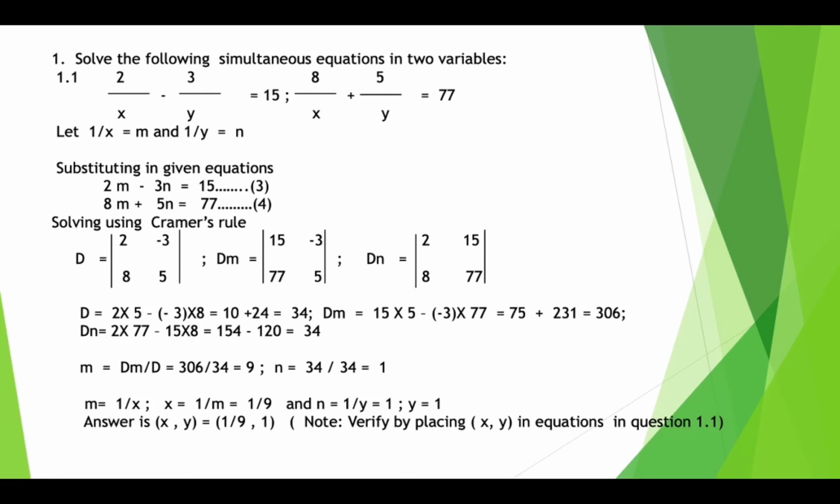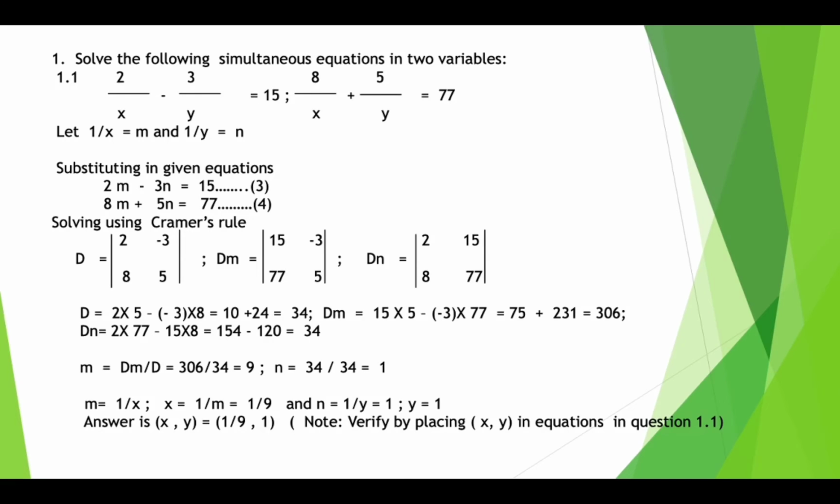Calculate the determinants. d is 2 into 5 minus 3 into 8, 10 plus 24 is 34. dm is equal to 15 into 5 minus 3 into 77. It is 75 plus 231, 306. dn is 2 into 77 minus 15 into 8. It's 154 minus 120 is 34.